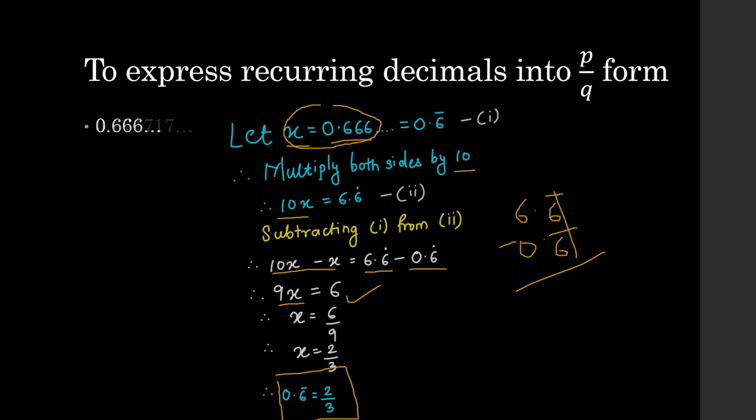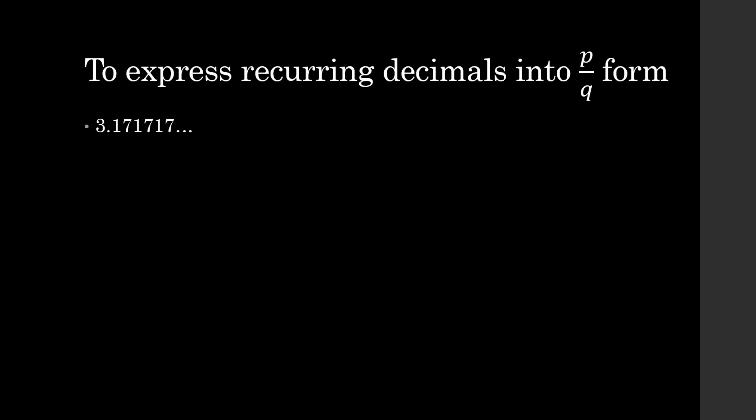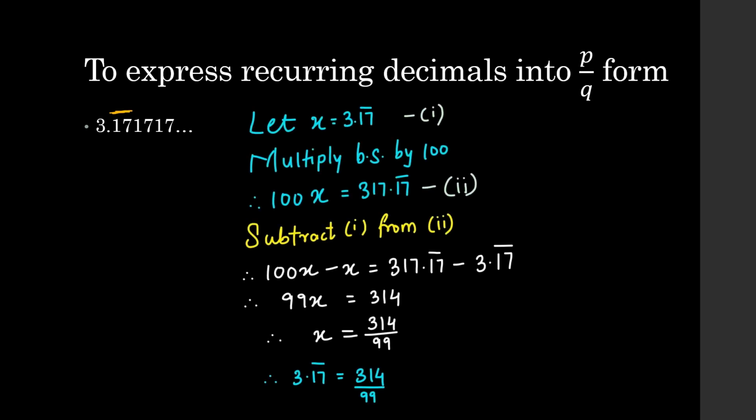Let us take another example. 3.171717. Now you can see 17 is repeating. There are 2 digits repeating after the decimal, so we multiply it by 100. So it will be 100x is equal to, we are multiplying with 100, so we will shift the decimal 2 digits to the right side.